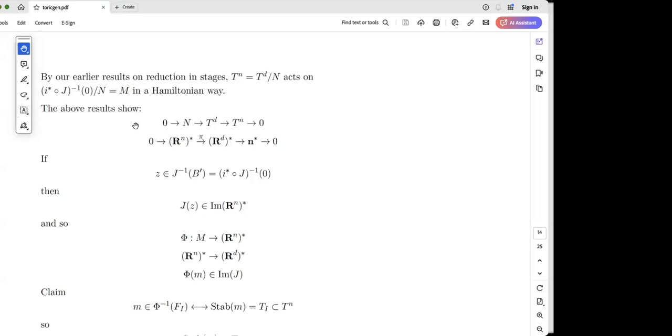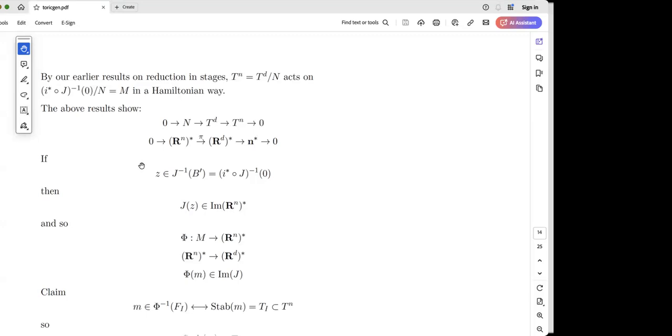So the above results show that you have 0 goes to N goes to T to the d goes to T to the n goes to 0, and then dually 0 goes to Rn star goes to Rd star goes to N star goes to 0.